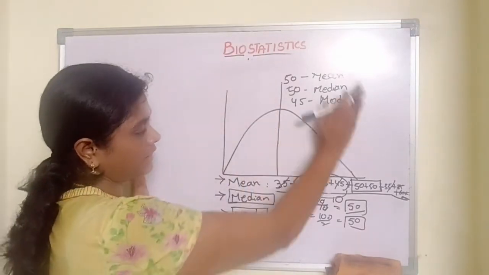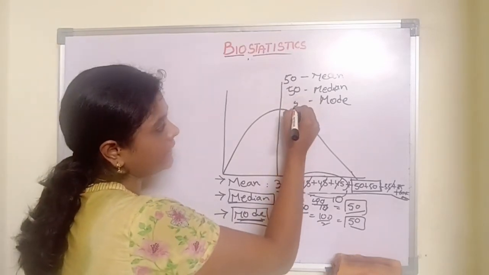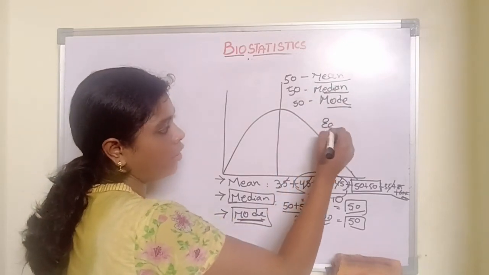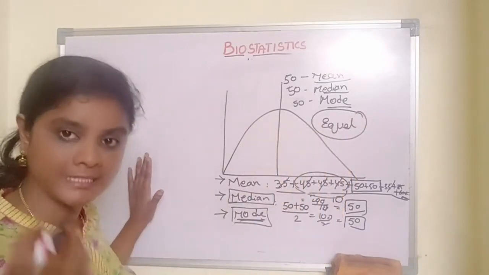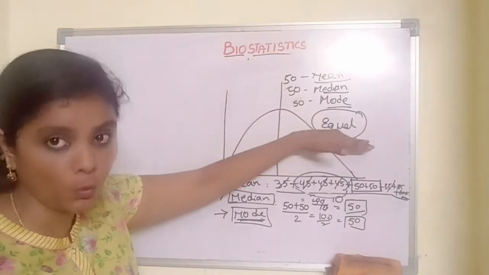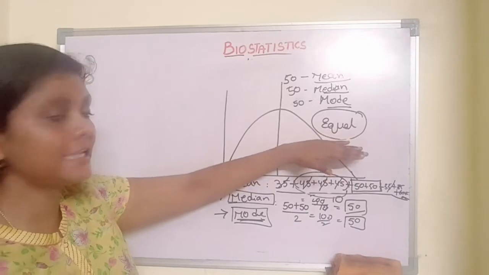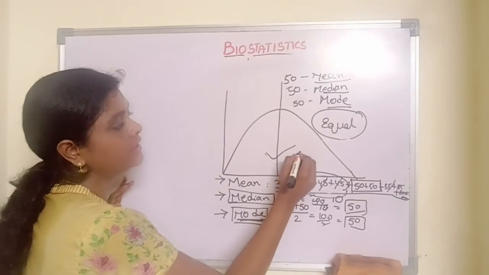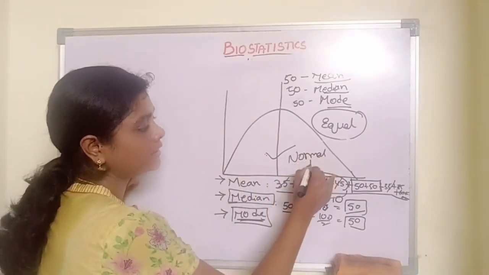Whenever there is an example where the mean, median and mode are all 50, that means they are all equal. In such scenarios, you will get a bell-shaped, symmetrical curve, and you can call it a normal distribution.